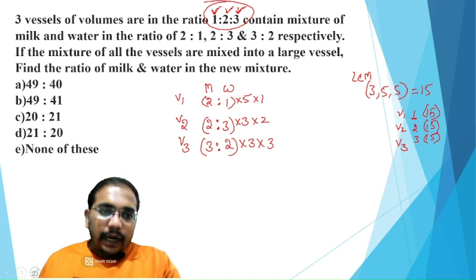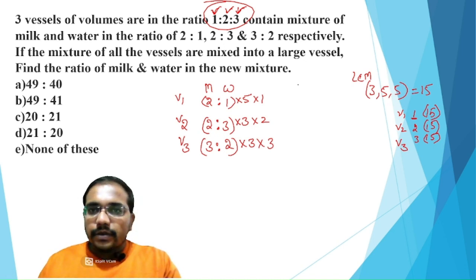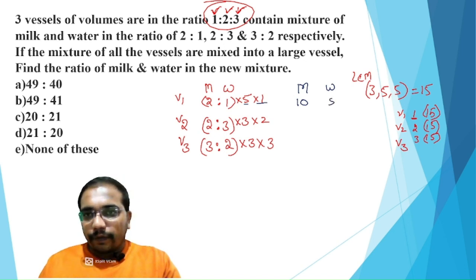Now, milk and water I am writing in the first vessel. 5 ones are 5, 5 twos are 10. In the second vessel, 5 ones are 5, 5 ones are 5.